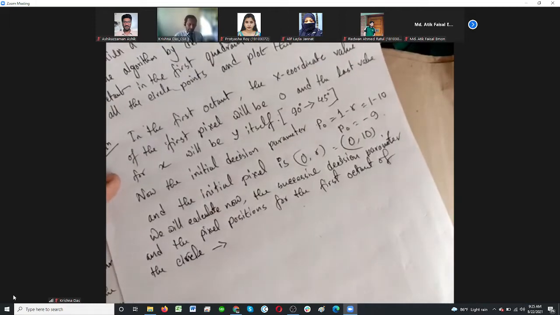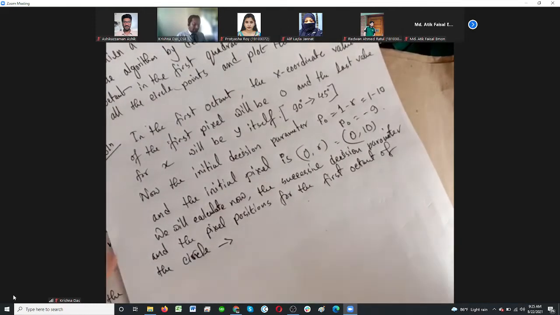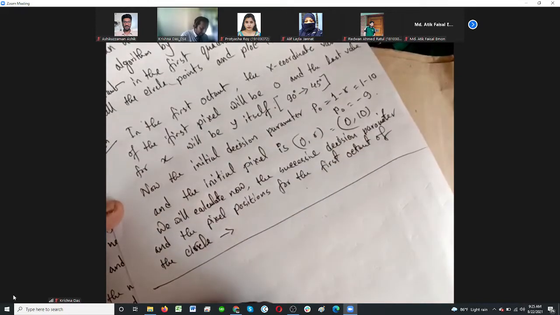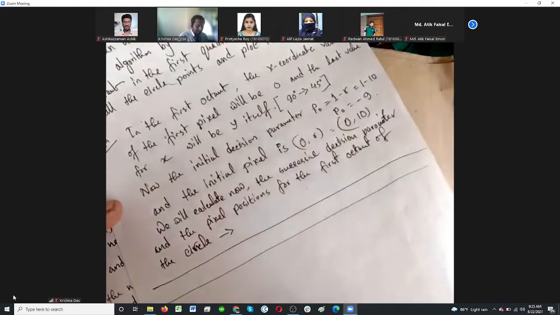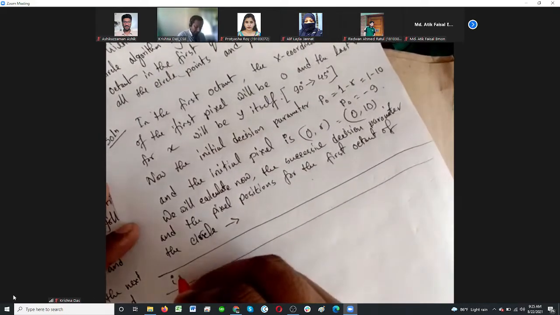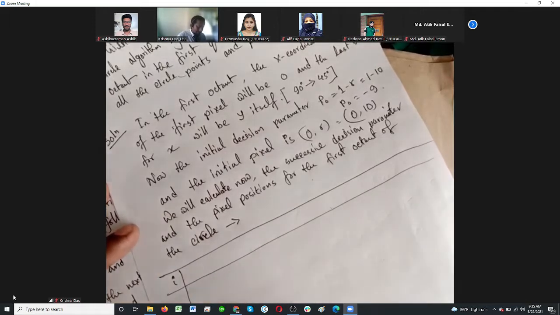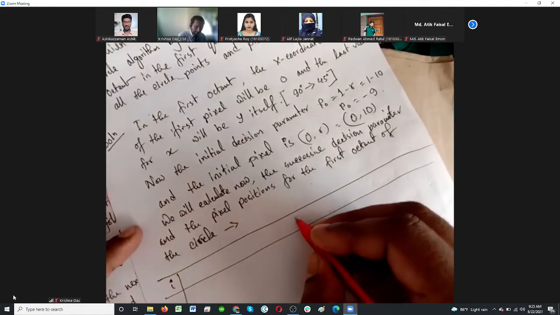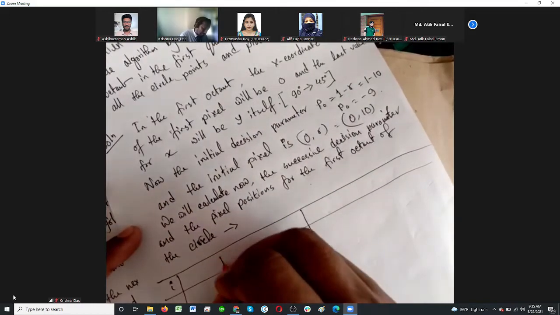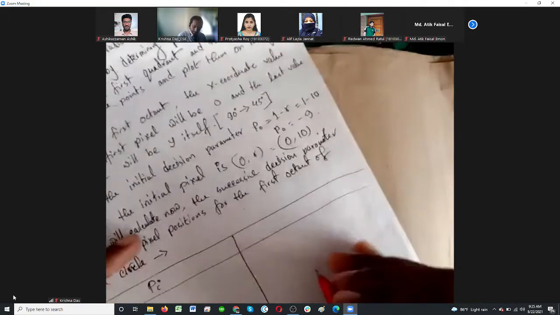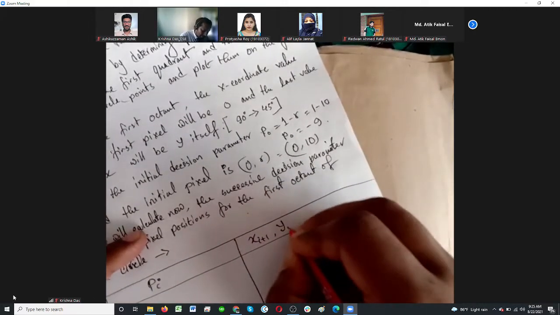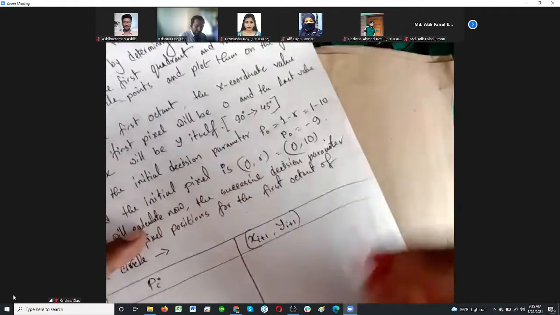Okay, so we need a table for it, with columns. First our iterator, then our important part, the decision parameter, that is p of i. Then we need the points that we are going to find out, which are xi plus 1 and yi plus 1, the next pixels.